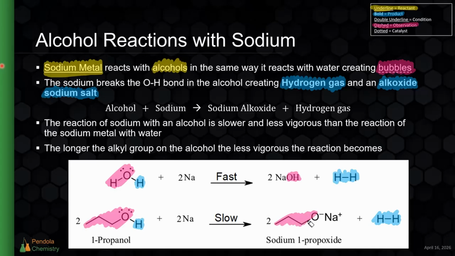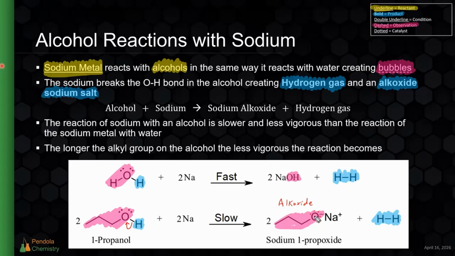Now, that alkoxide ion is essentially just an alcohol without its hydrogen, and because this bond broke heterolytically, and both of these electrons went to the oxygen here, this oxygen has an extra lone pair of electrons, making that oxygen have a negative charge. So this is a negative ion called an alkoxide ion.